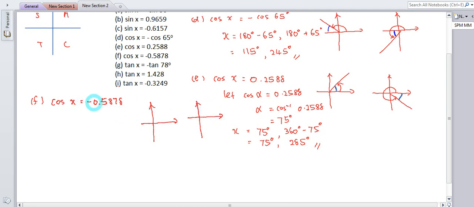So cosine negative, ASTC, we know that must be second quadrant or third quadrant in order to get the negative value for the cosine. Okay, we find the reference angle first. We just ignore the negative sign. When we want to find the reference angle, we just take the positive one.